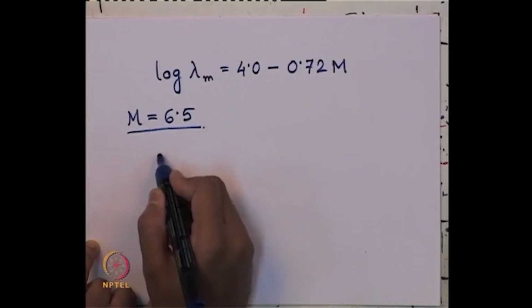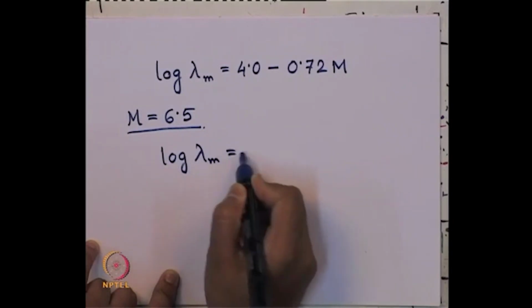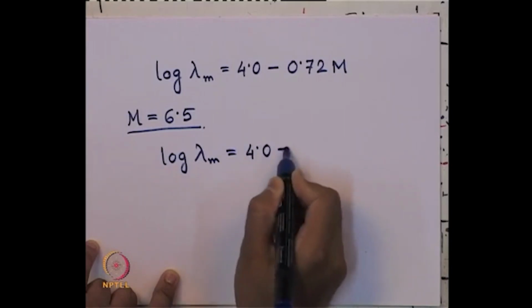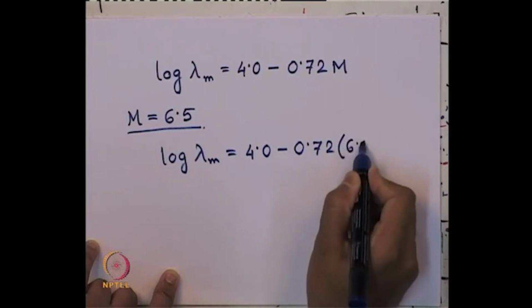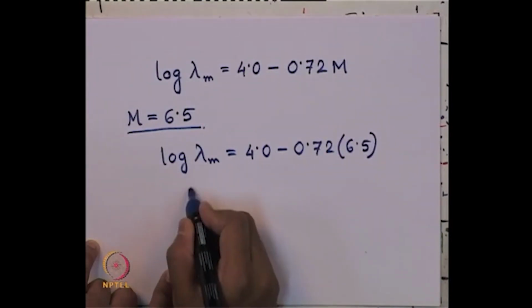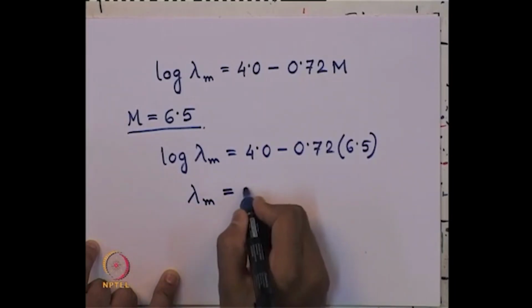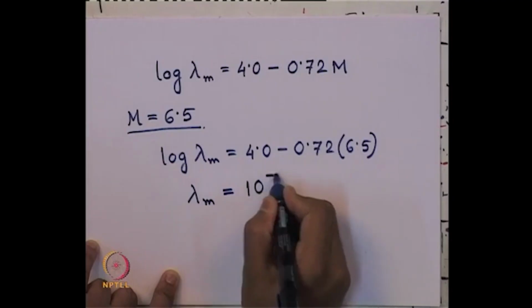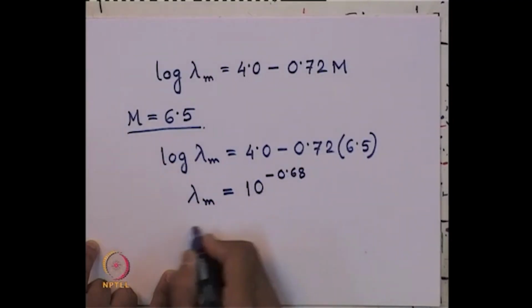So, if we put in this equation, what you will get is 4 minus 0.72 times 6.5, which will give us the lambda m value as 10 to the power minus 0.68.